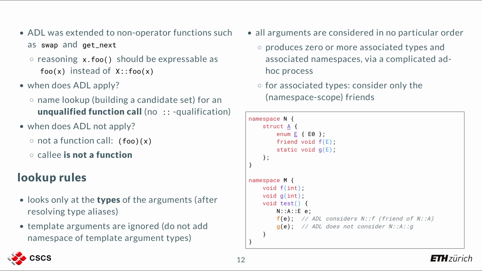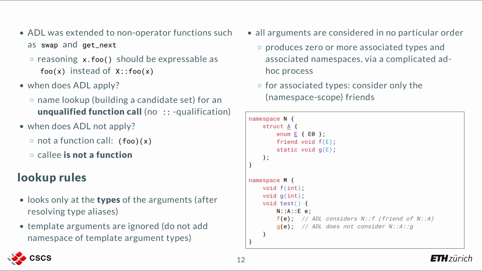We'll use this fact later on, because if you remember, we can have function objects which act like a function, have a function call operator, but they're not functions. So if you use them, ADL does not kick in, basically.